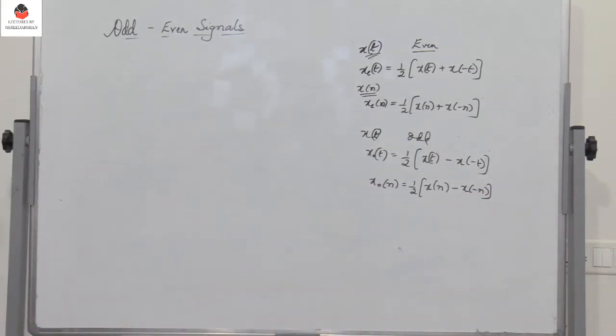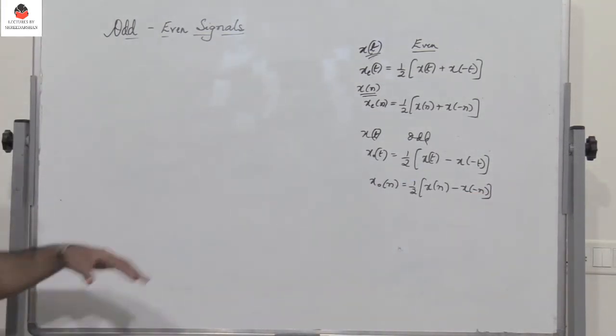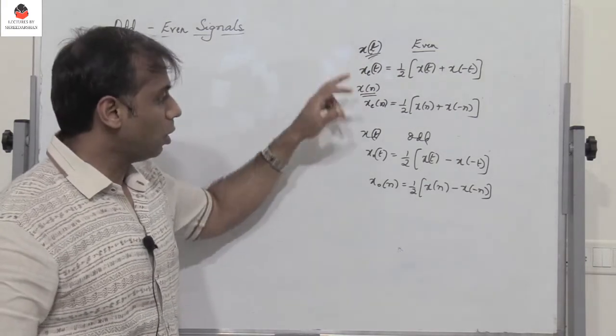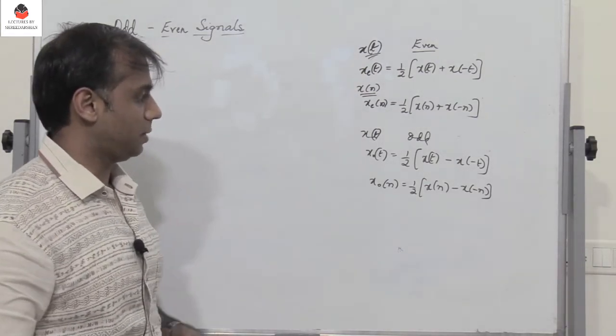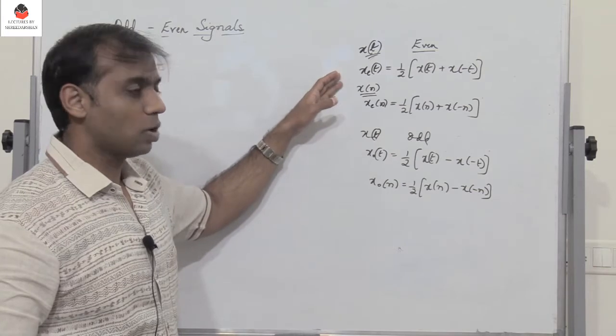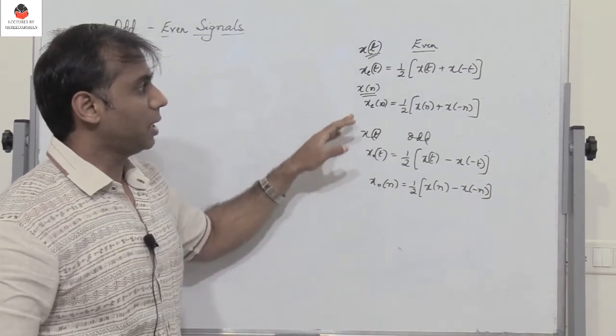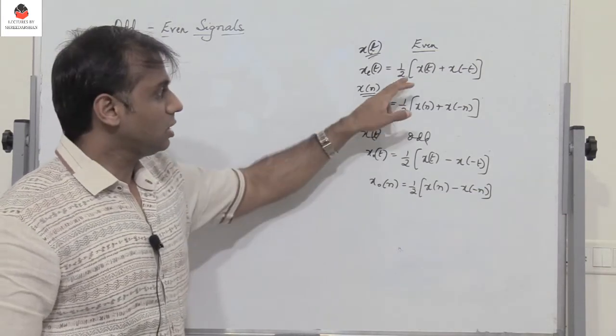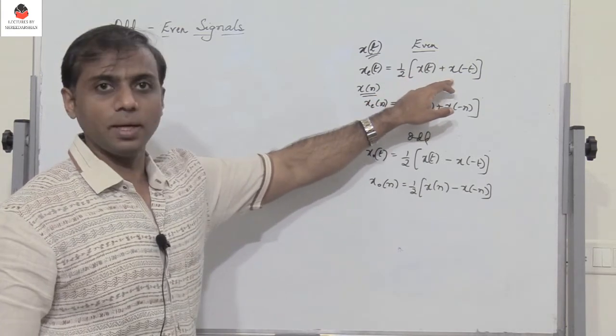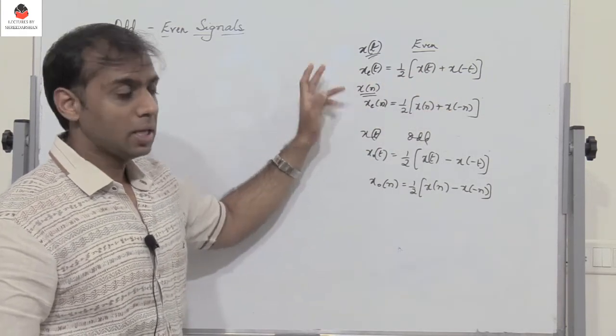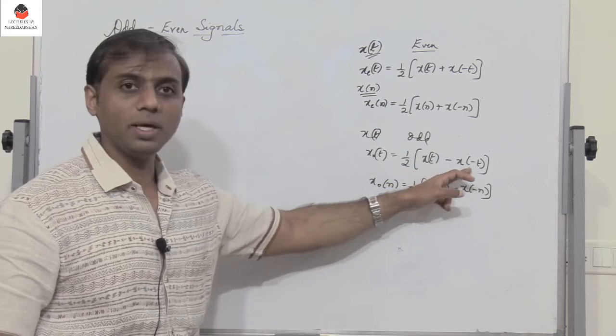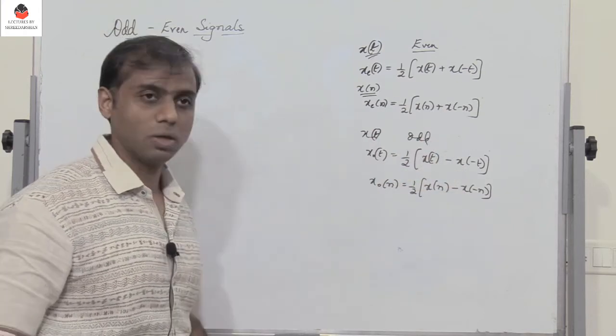So these are the expressions which we need to remember. Given any signal x of t or the discrete signal x of n, we can find the even component or the odd component by using these expressions. Take the sum of x of t and x of minus t by 2 will give you the even. Take the difference of x of t and x of minus t by 2 will give us the odd component.